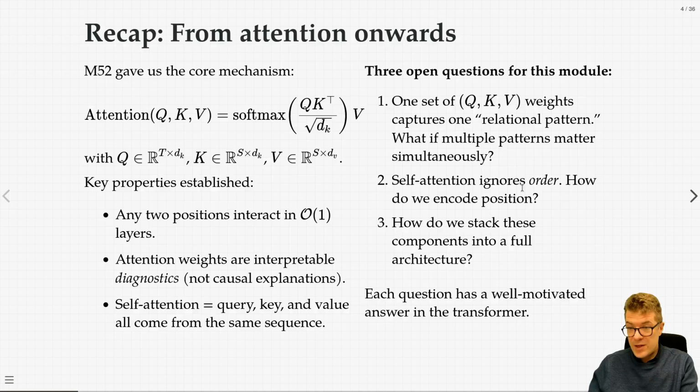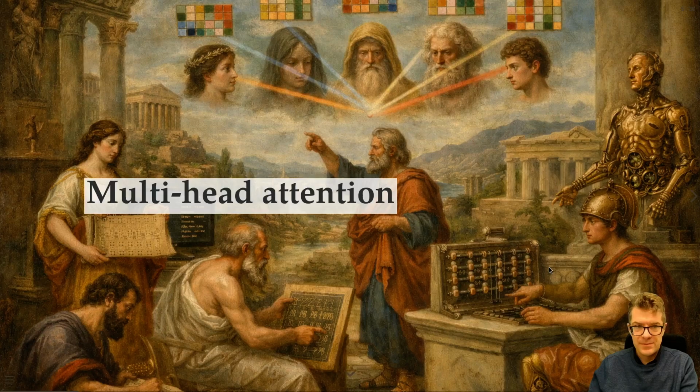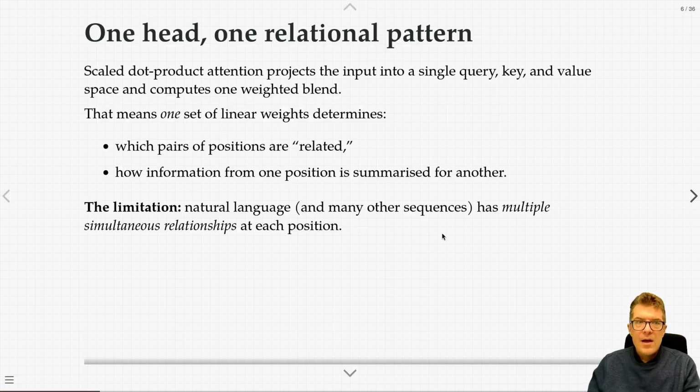So each of these questions has answers in our transformer architecture. Let's start with the first one, multi-head attention. The scaled dot product we saw last time of keys and queries projects the input into this single query and key, and therefore value space, and will compute one weighted combination given the softmax function.